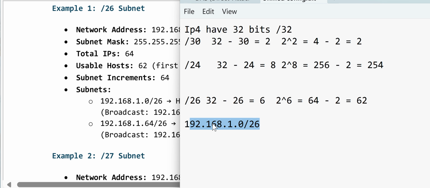So that's going to be your network. Now, if we go to the hosts for this subnet, you will start at .1.1, right? And this is of course going to be your gateway, and you can go all the way to 168.1. Let's get this more on the screen here.